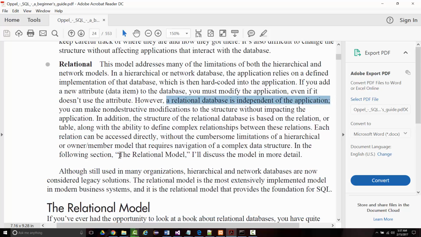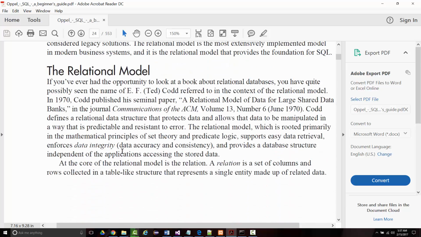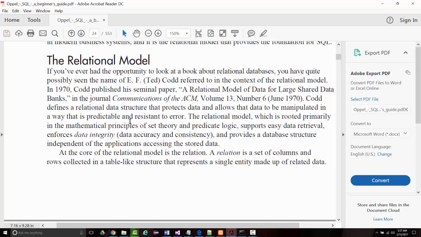The relational database management system is based on the relational model. The relational model was created in about 1970 by a guy named E.F., known as Ted Codd.